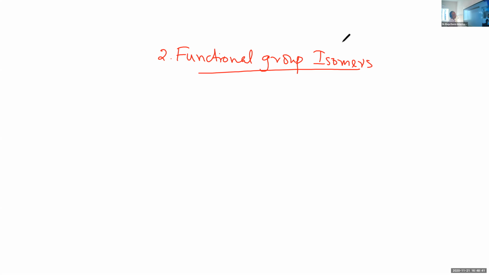See here, same molecular formula, but different functional groups. The isomers have different functional groups. For that, we had studied functional groups.